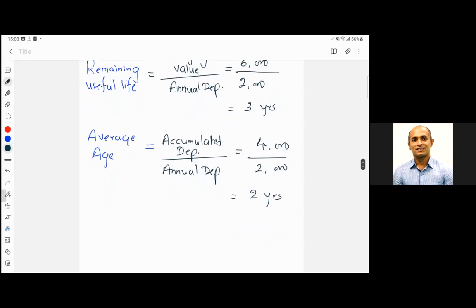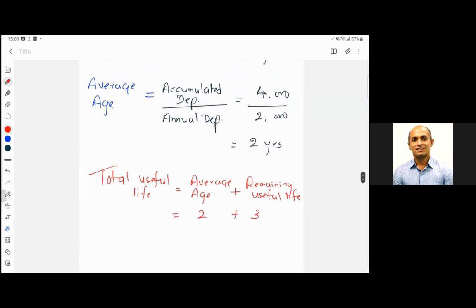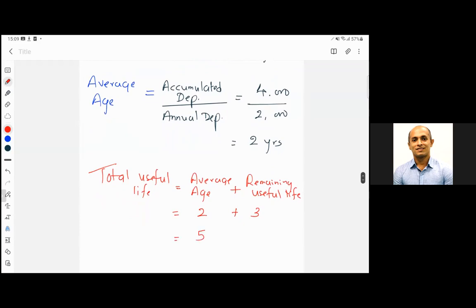Then the total useful life equals average age plus remaining useful life, 2 years plus 3 years. The total useful life is 5 years.